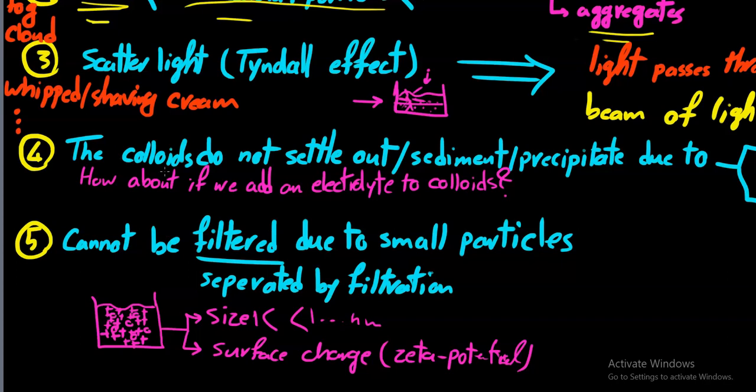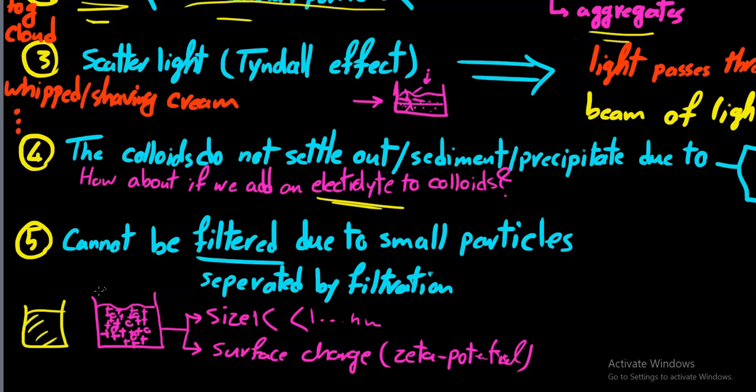Suppose a very important example of a colloidal system is milk. Milk doesn't precipitate. After a while, milk doesn't become two different phases. There's nothing precipitated at the bottom of the container of milk. But what will happen when you add a kind of electrolyte to the colloid, or when you add a little bit of vinegar or orange juice or lime juice to a glass of milk?